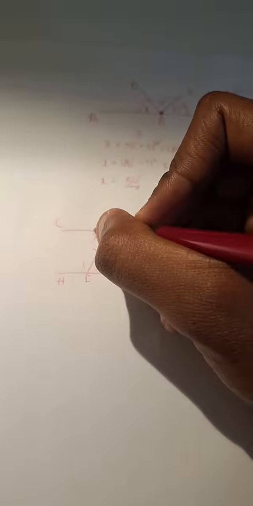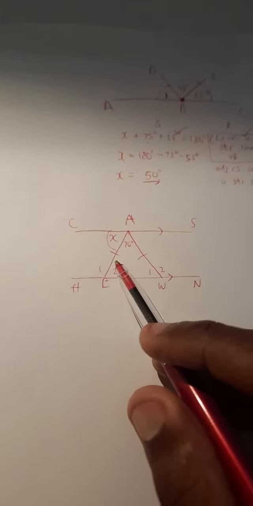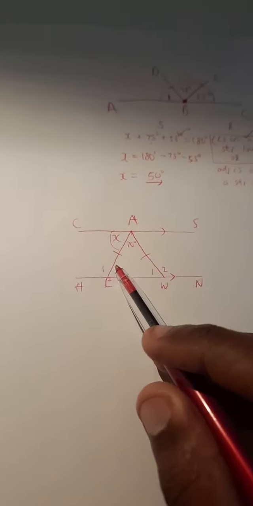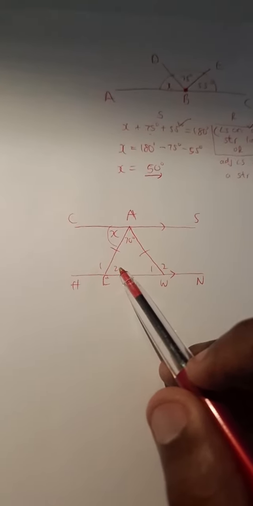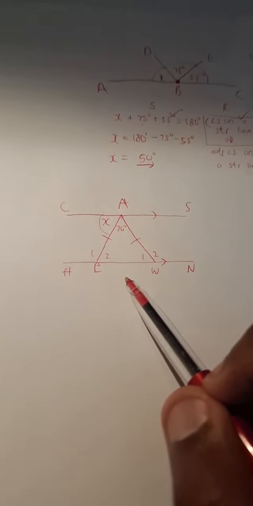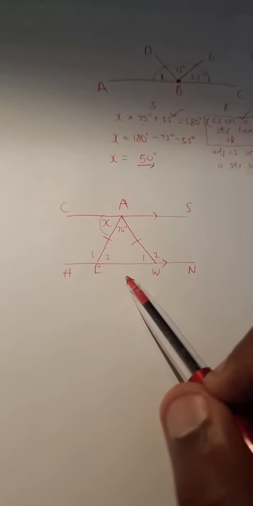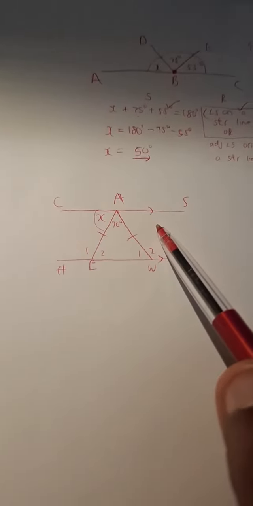Remember, guys, we are told that angle CAE is X. Now we are being asked, why is angle E2 also equal to X? If you look at the pinned comment that I have pinned there, yeah, we just need to be careful with the parallel lines there, TK.